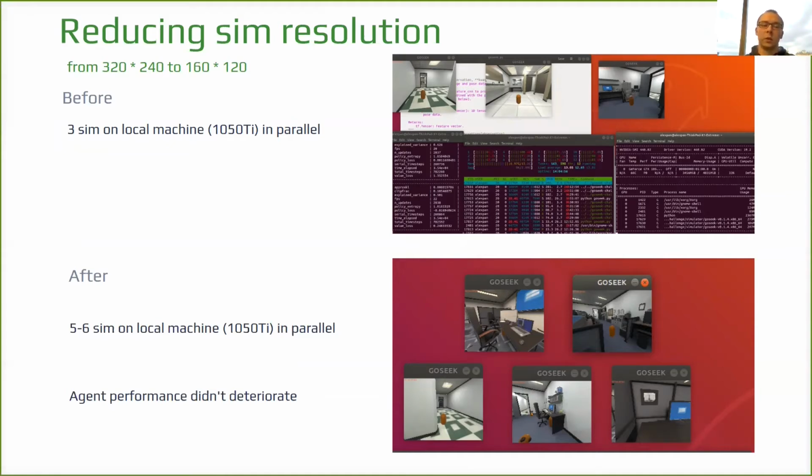The well-structured code of TESI allowed us to do this easily. After this modification, we nearly doubled learning speed, and it did not affect agent performance. We don't know if performance would have been better if we trained our agent with 320 by 240 input.